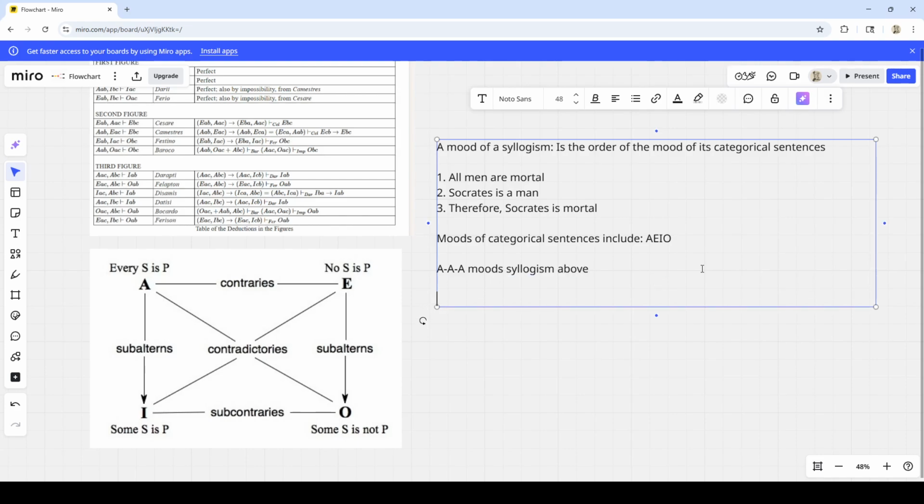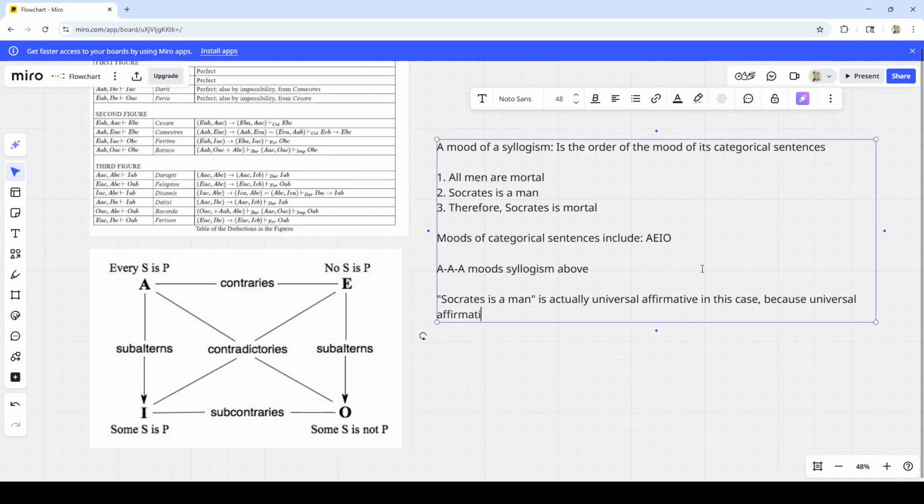And you might wonder why "Socrates is a man" is a universal affirmative in this case, because universal affirmatives can actually express singular statements, which are just categorical sentences about a single thing.